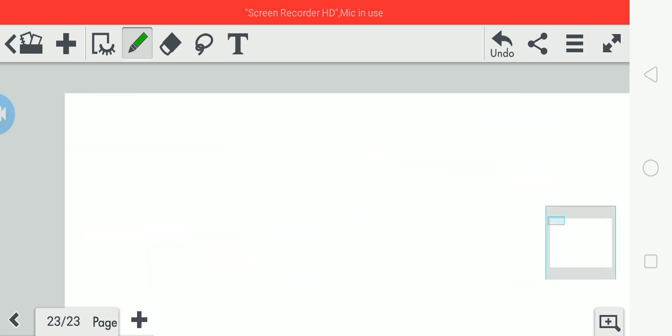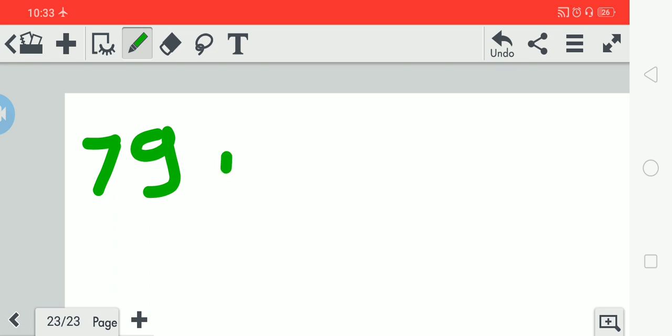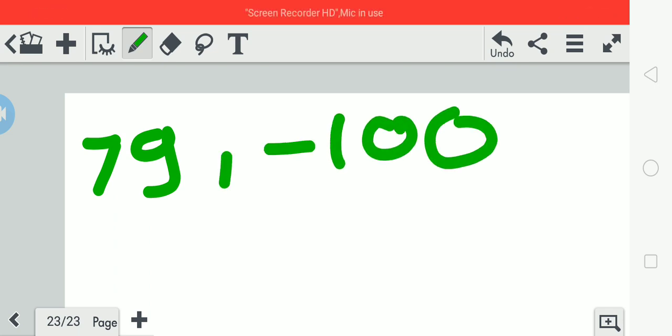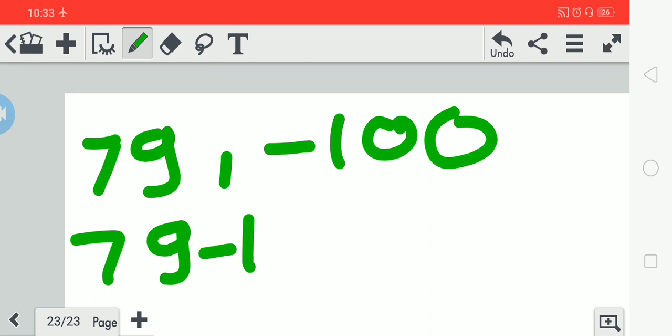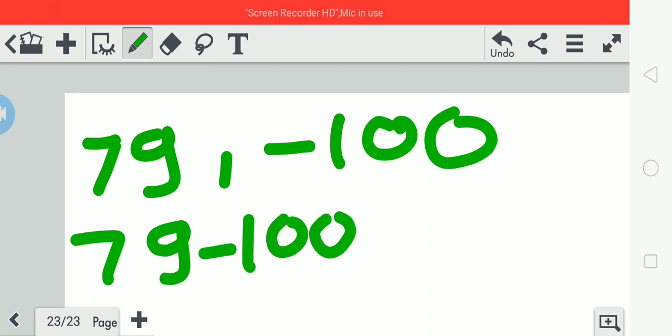We'll see a second example now. 79 and minus 100, an easy example. So 79 minus 100, which rule will you apply? Rule number 3, because 79 is positive and 100 is negative.